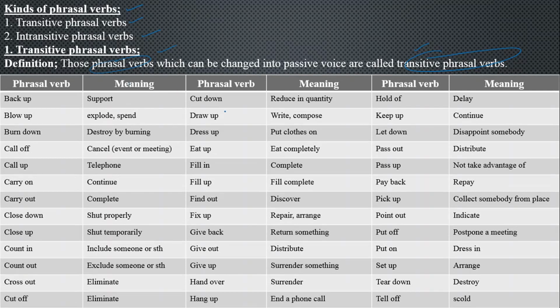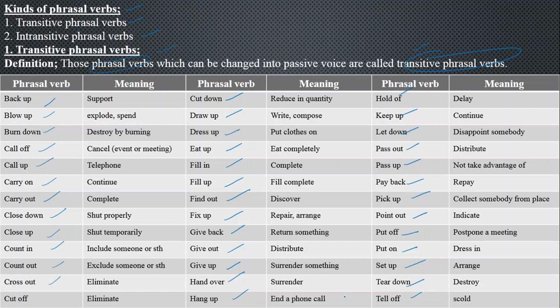These all, whatever I've written: back up, blow up, burn down, call up, carry on, carry out, close down, close up, count in, count out, cross out, cut off, and cut down, draw up, dress up, fill in, fill up, find out, fix up, give out, give up, and over, hang up, hold off, keep up, let down, pass out, pass up, pay back, pick up, point out, put off, put on, set up, and tell off.